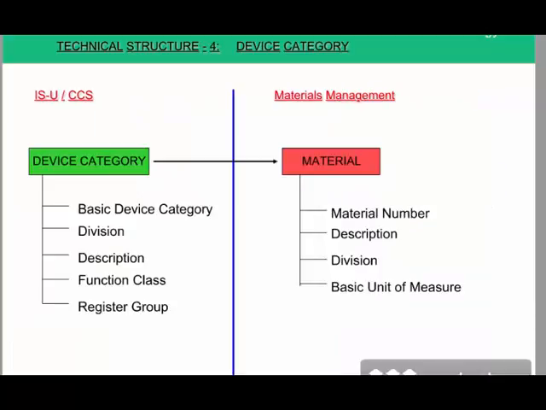This is how SAP ISU is linked to material management. Device category in SAP ISU is the material in material management. Device category has a few attributes like basic device category, division, description, functional location, and regional register group, and the material in material management has a few attributes like material number, description, division, and basic unit of measurement.